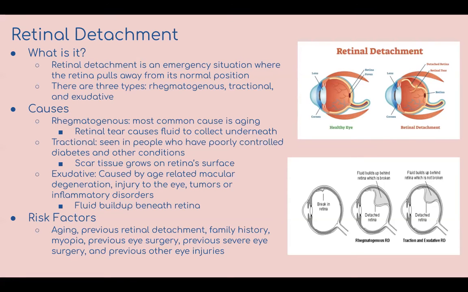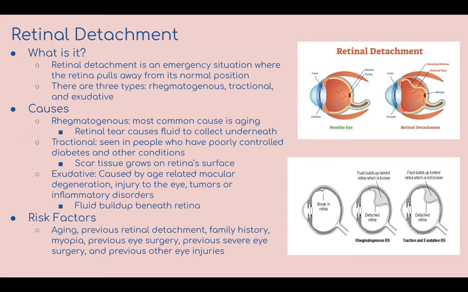The first one is rhegmatogenous, and this one's the most common, and it accounts for 90% of all of the detachments. Rhegmatogenous detachment is caused by retinal tears due to the vitreous gel pulling on the retina and causing a tear in it, allowing the vitreous gel to get behind it and push it out of place.